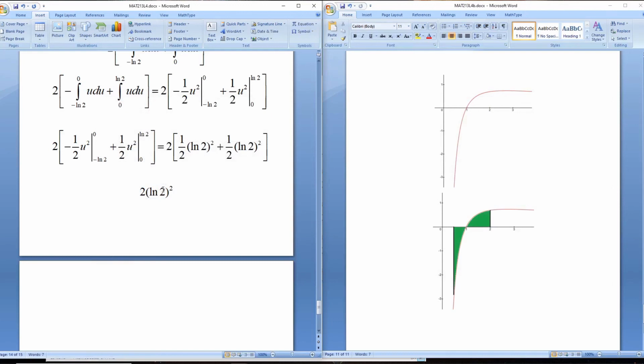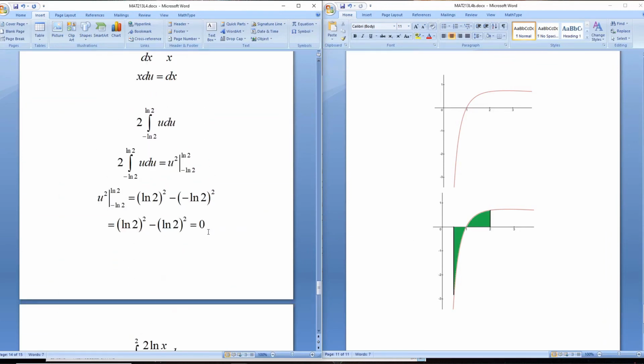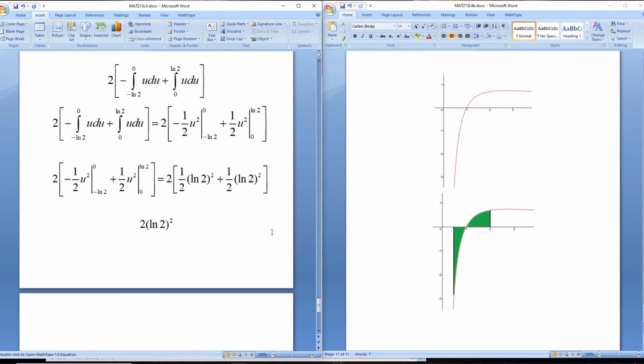And then that is the physical area. This is the area that you're seeing in green. So again, just to be clear, the integral area we got here was 0. The physical area here is 2 log 2 squared.